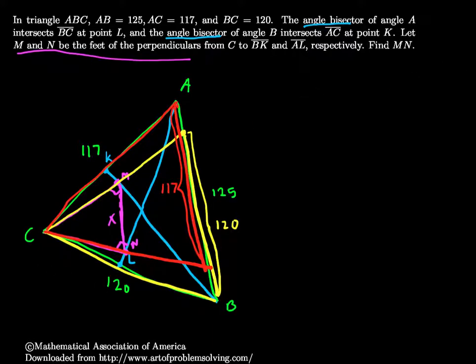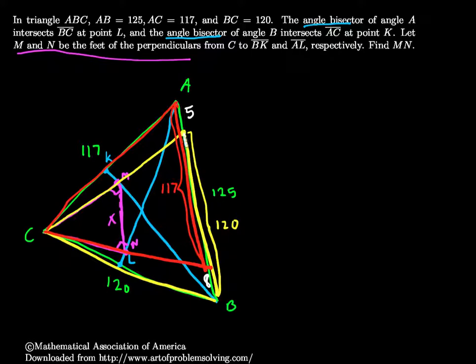From that information, I can go on and say, if this is 120 and the entire green side AB is 125, this is 5. If this red segment here is 117 because of the isosceles triangle again, and this entire green side is 125, I know that this is 8.